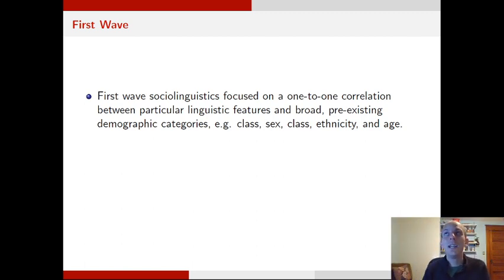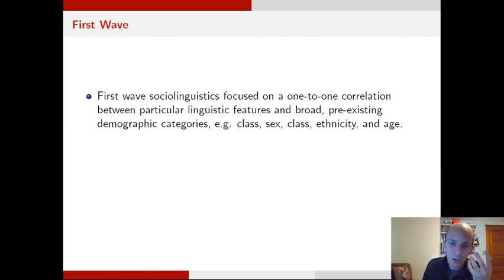But what they were looking at more specifically were linguistic features and how they matched up to big, sweeping categories of pre-existing demographics, right? They were interested in linguistic variation with regards to variables like class, sex, ethnicity, age. Big demographics.